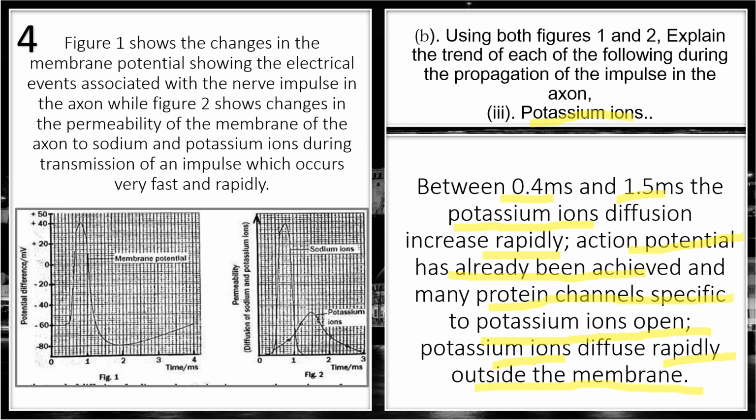So from 0.4 to 1.5, there was a rapid diffusion of potassium ions outside the membrane.